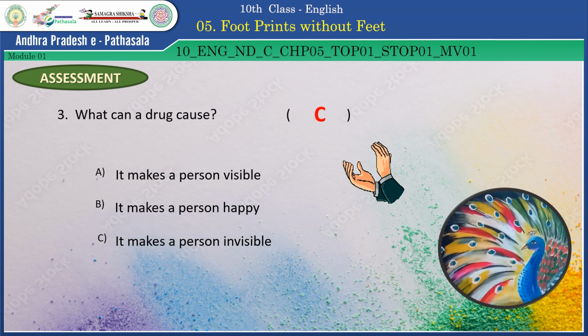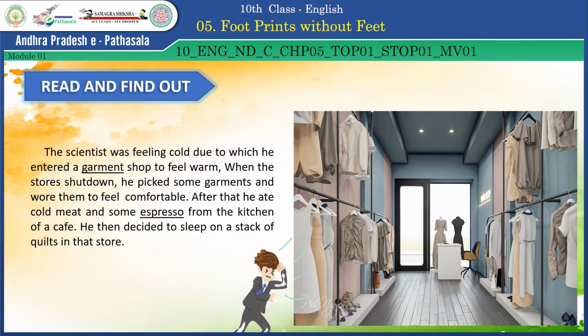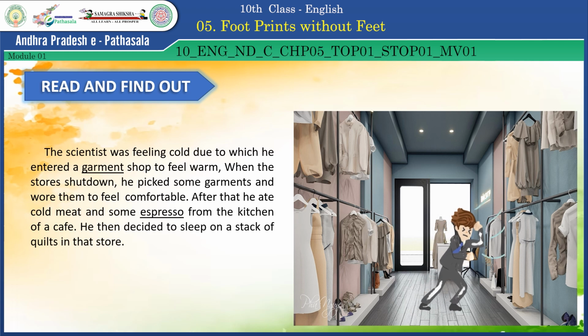Again, we move on to the read and find out part. The scientist was feeling cold, due to which he entered a garment shop to feel warm. When the store shut down, he picked some garments and wore them to feel comfortable. After that, he ate cold meat and some espresso from the kitchen of a cafe.